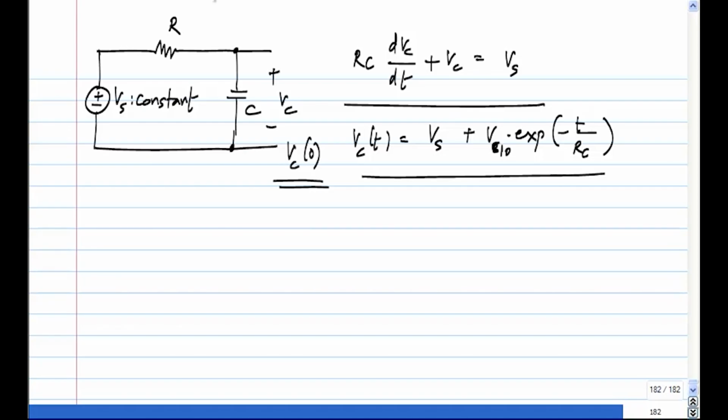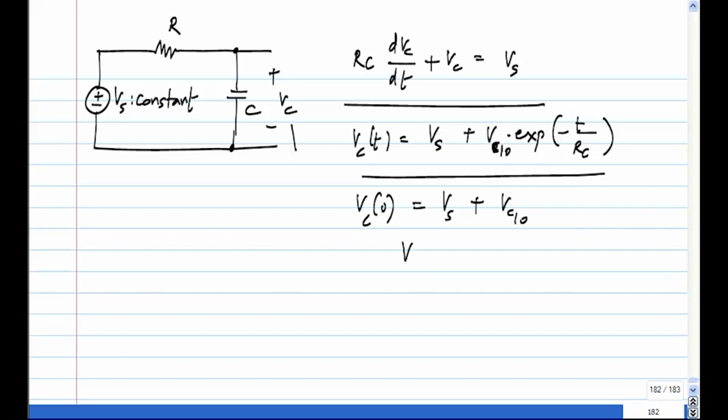So what is the value of Vc10? So Vc of, I think this will again, if I substitute t equal to 0, Vc of 0 should be Vs plus Vc10. So Vc of 0 minus Vs is this constant, Vs plus Vc10 at t equal to 0.